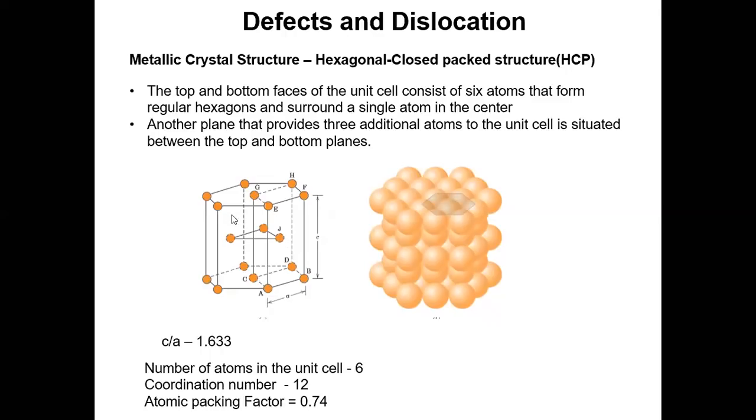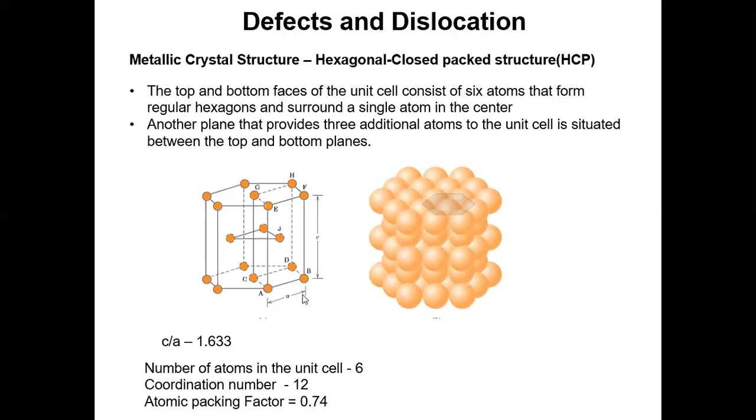Then there are 6 atoms in the corners, but they are shared with 6 unit cells, so 6 into 1 over 6 is 1, and from the other side there is 1. So altogether there will be 6 atoms in the HCP unit cell. When you find the coordination number, if you consider this atom, there are 6 atoms here, 3 atoms here, and 3 atoms on top. So altogether there will be 12 coordinated atoms.